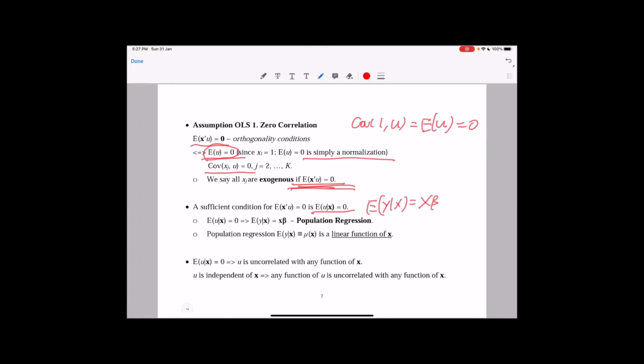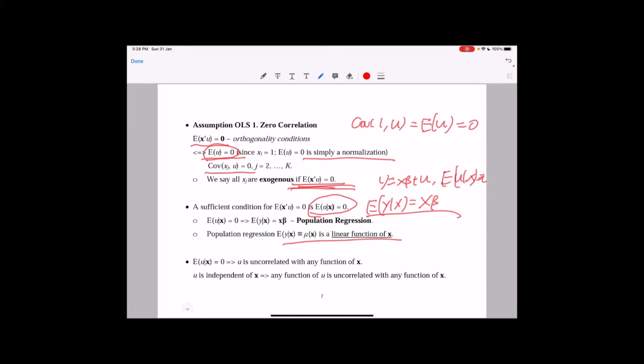Because y equals x beta plus u, and E[u given x] is 0, then of course E[y given x] is just x beta. This is what we call the population regression. The conditional mean, another name is the population regression, or simply the regression. In the linear model, with this condition, the population regression is a linear function of x.